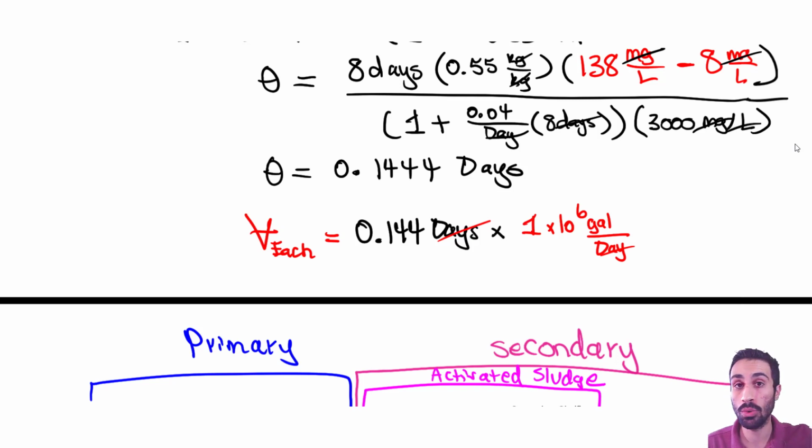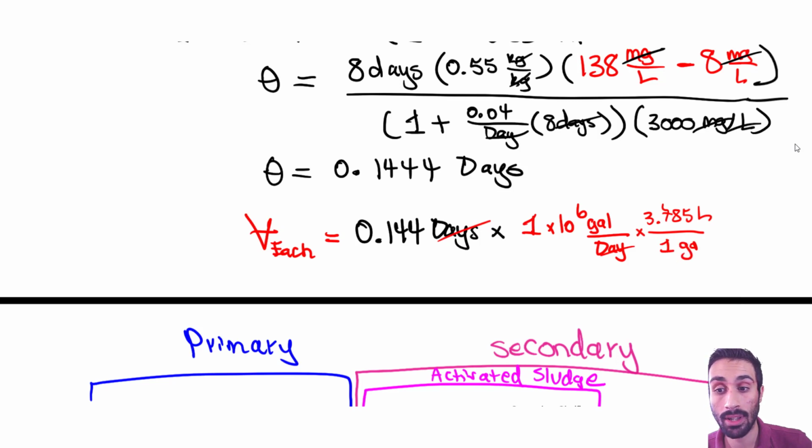But we know we want units of cubic meters at the very end. So what I'm going to do is convert gallons to liters, then convert liters to cubic meters. So we take gallons to liters first. We know there's 3.785 liters in 1 gallon. This is on page 2 in your FE handbook under unit conversions. There's a different video discussing how to do this conversion, so make sure to watch that.